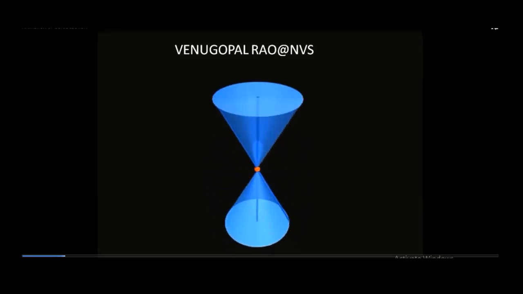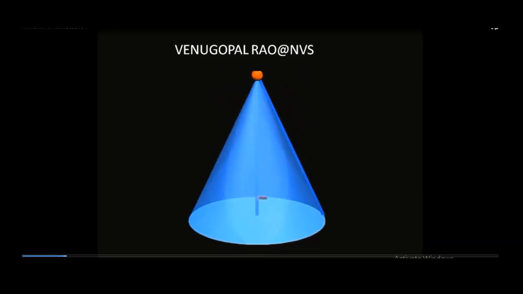Observe, students, the base is in the shape of a circle. This is the base radius of the cone. Another important thing is the axis should be perpendicular to the base radius. Then only you can call it a right circular cone.